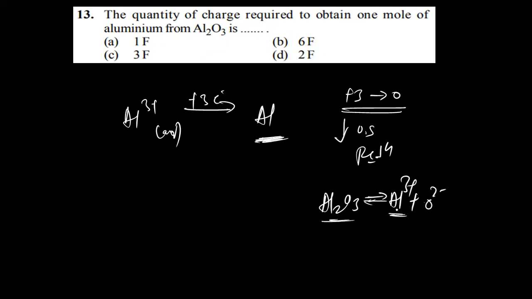And from Al3 plus ion, we can get Al, that is 1 mole of aluminum. Then what is the quantity of charge required here? So how many electrons are added to get aluminum? That is, a total of 3 Faradays of charge are required to get 1 mole of aluminum. So for question number 13, it's option C, 3 Faradays of charge.